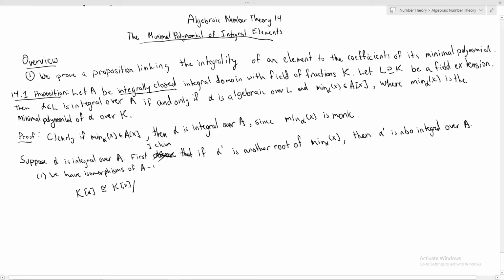These are isomorphisms of A-modules. K[alpha] is K[X] mod min_alpha(X), which is isomorphic to K[alpha prime].